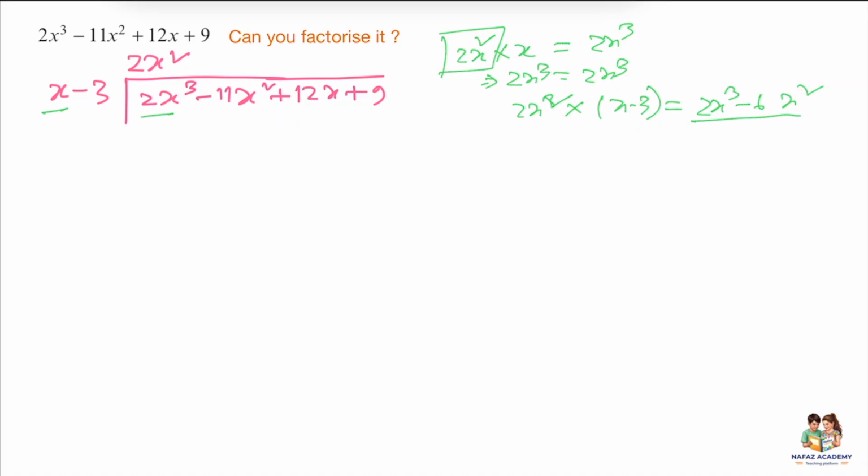Write it over here. Changing the sign because it is subtraction. So minus 11x squared plus 6x squared, it is minus 5x squared. Bring down the 12x plus 9 over here.